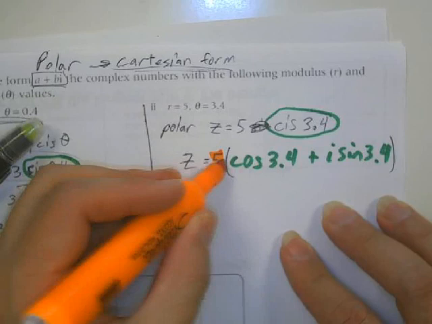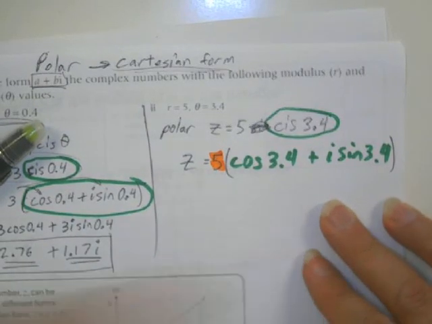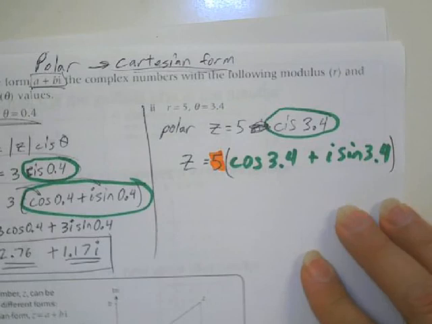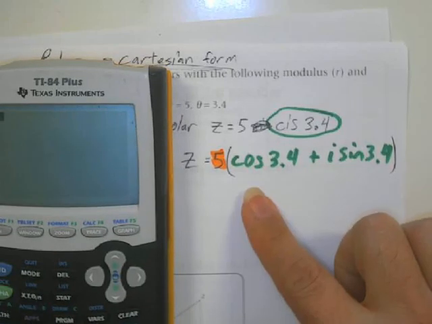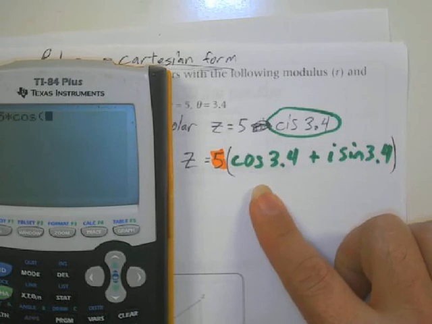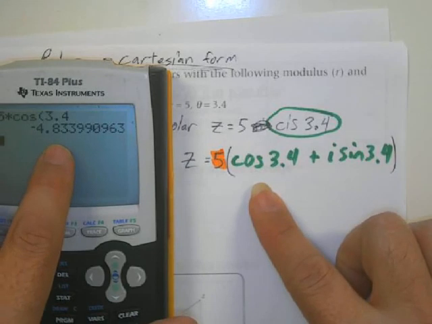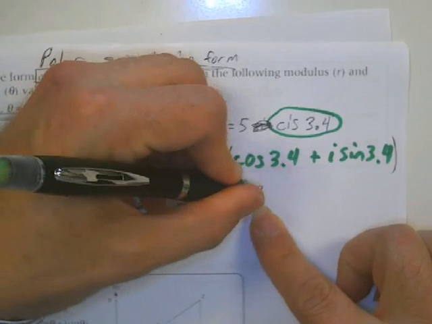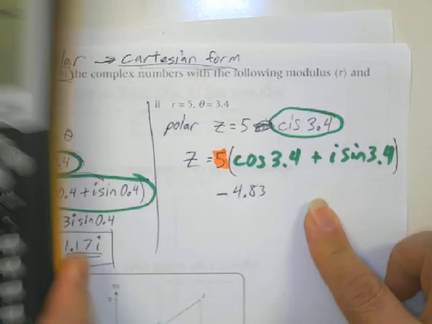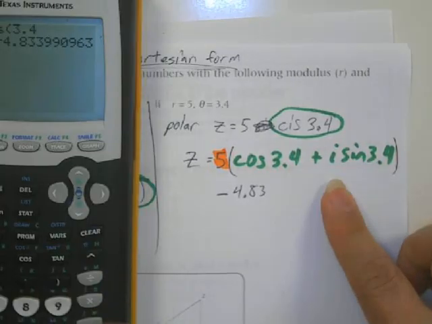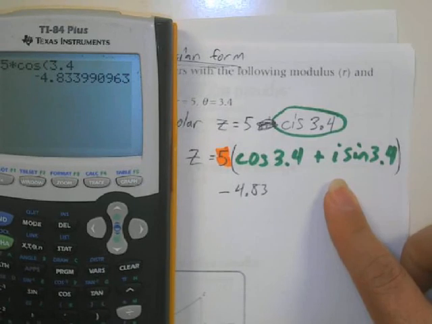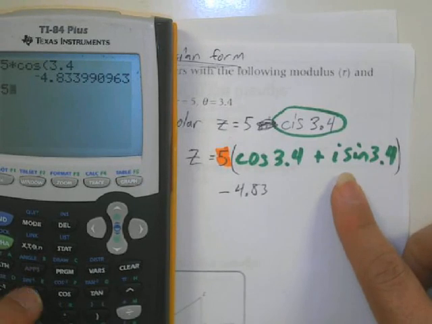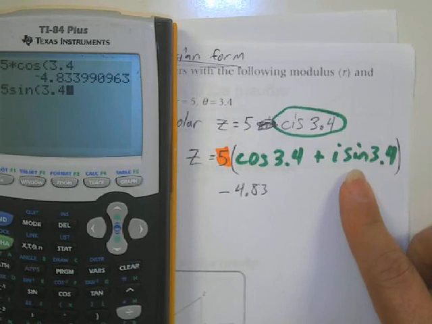Okay, so I'll do this one more time on the calculator. So I've got 5 times cosine 3.4, and I get negative 4.83. And I do 5 sine 3.4, and I'm going to get negative 1.28.